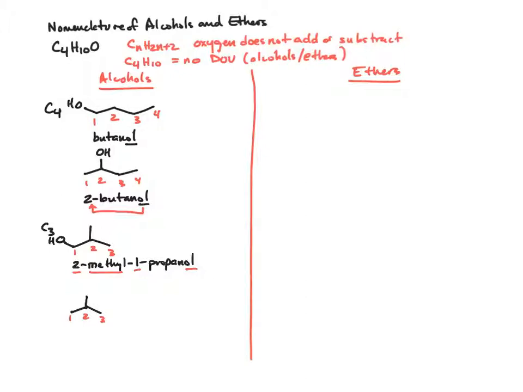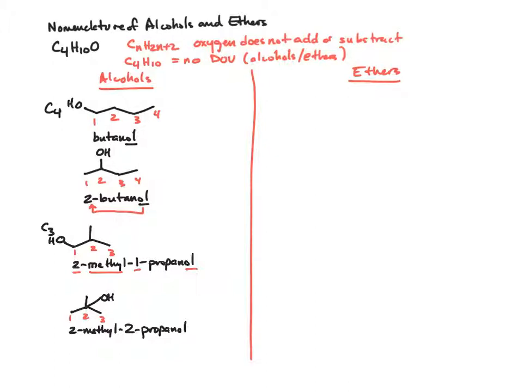In this case we're going to put the OH group at position 2. And so now the name of this compound is going to be 2-methyl-2-propanol. So at that point, we've exhausted all the possible constitutional isomers for the alcohols.